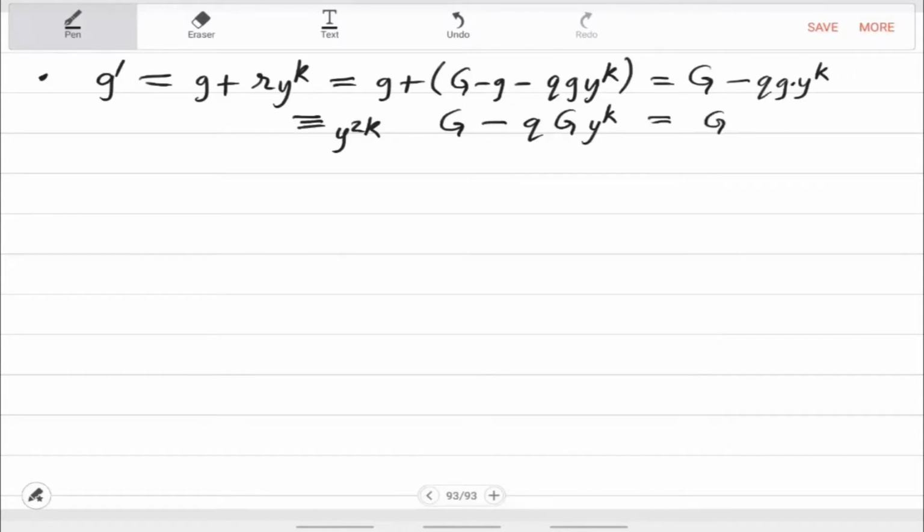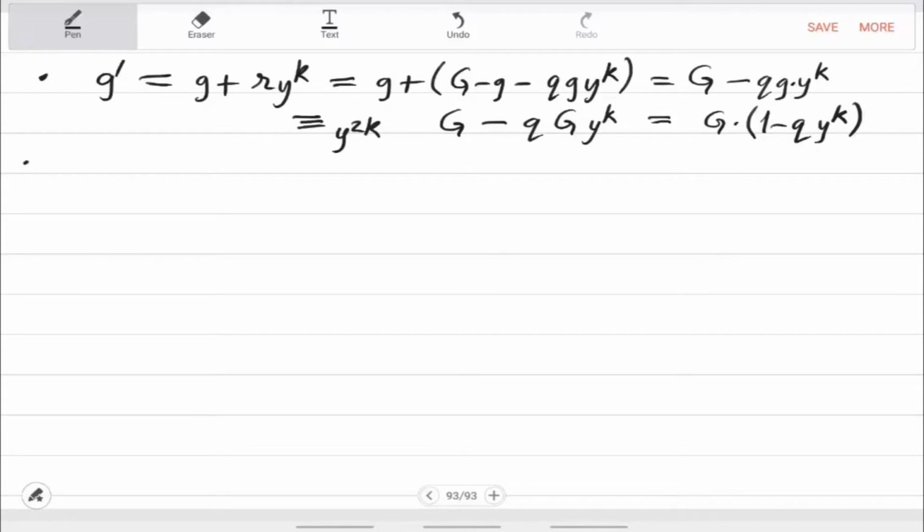Which is G times 1 minus q y to the k. Fine. So actually in this special modulus y to the 2k, G prime is nothing but just a unit multiple of big G. So obviously it's a factor of F. Right, that's all.